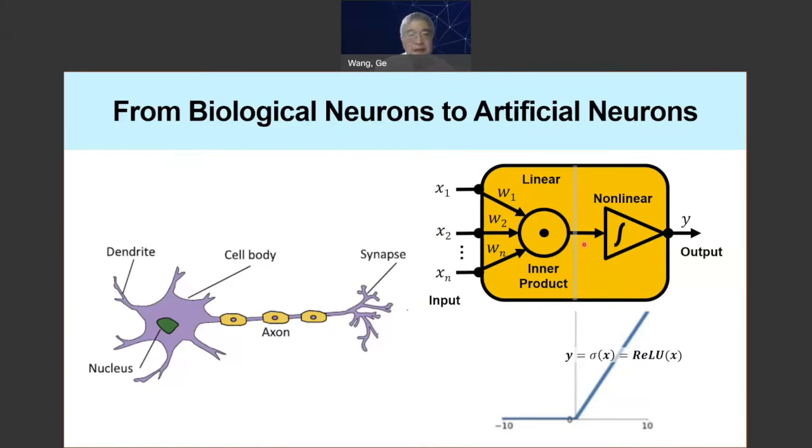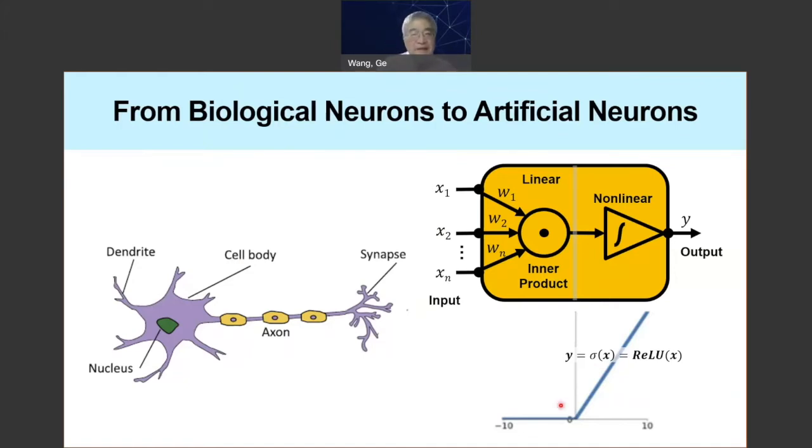And this inner product will be processed by a nonlinear processing unit shown here. This is done by an activation function. It depends on the value of the inner product, and the output could be high or low, representing the cell status, excited or inactive.